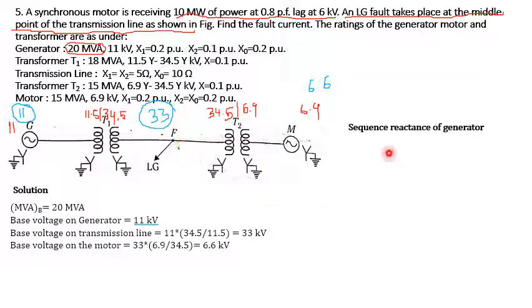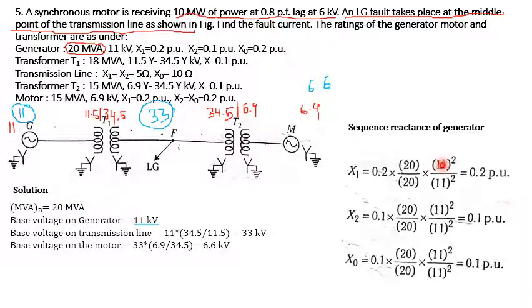Okay, let us consider the sequence reactance for the generator. We should remember the old value and new value for the kV and the MVA. So X1, X2, and X0 we have to calculate. X1 new value is equal to old value into the formula.